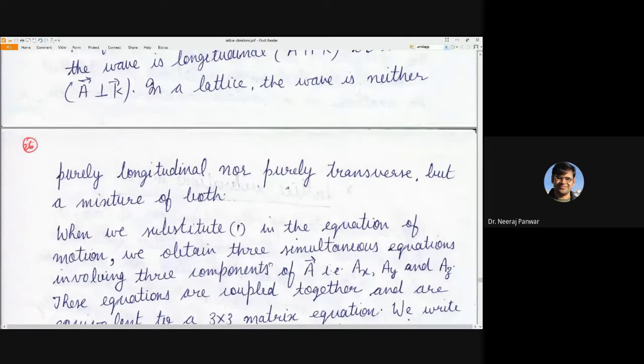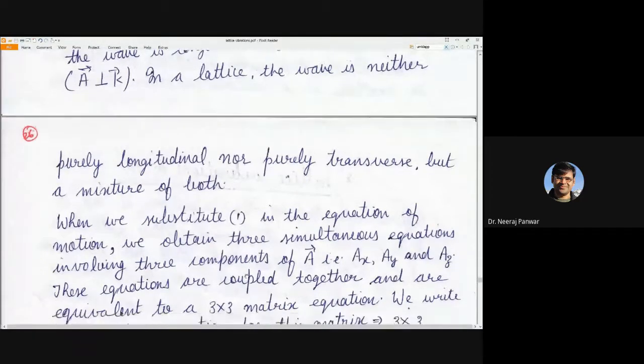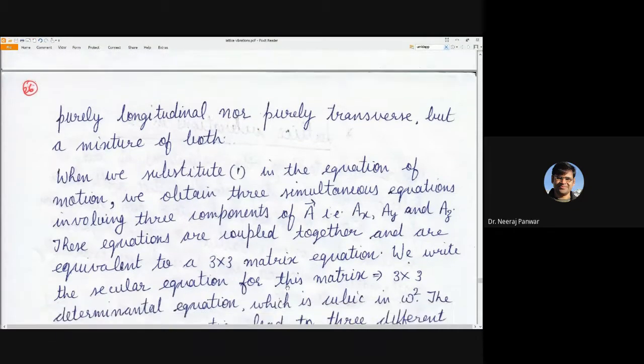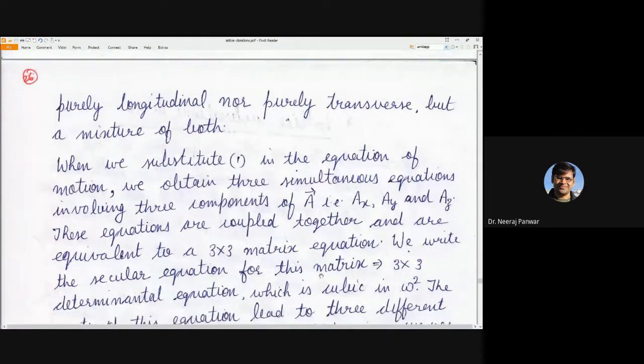When we write the secular determinant in the coefficients of the components Ax, Ay, and Az, we get a 3 by 3 determinant that we need to make equal to 0.